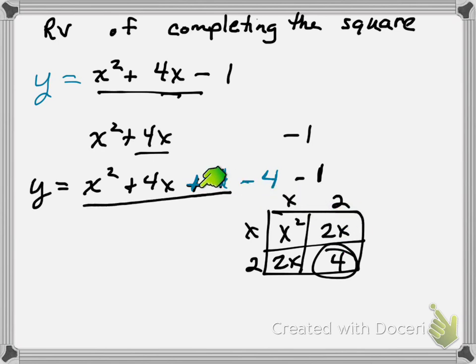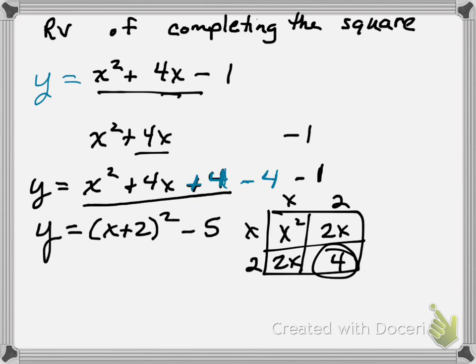Clearly you can see it's in this box right here. Here's the x squared, the 4x is these two, then here's the 4, and if you were to factor that, you would get x plus 2 times x plus 2. So this quantity right here is the same thing as saying x plus 2 squared. And then out here, I have a -5. And so we just completed the square.